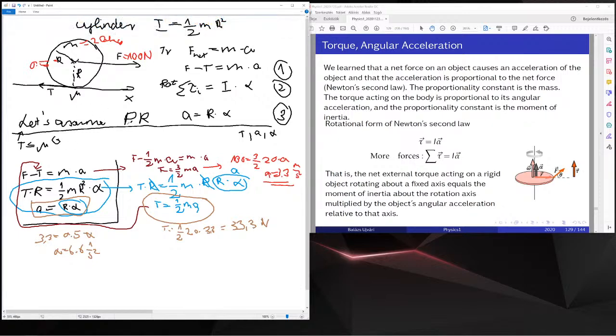How can we check it? Here comes the most important part, because we used this equation based on an assumption. We have to validate this assumption. Is it true that 33.3 Newton is smaller or equal than 0.6 times the mass, which is 200, which is 120 Newton?